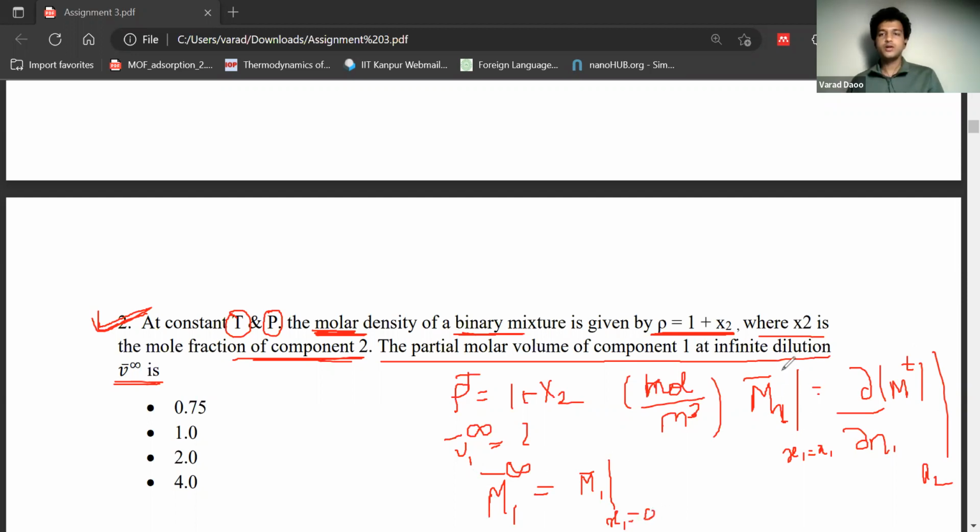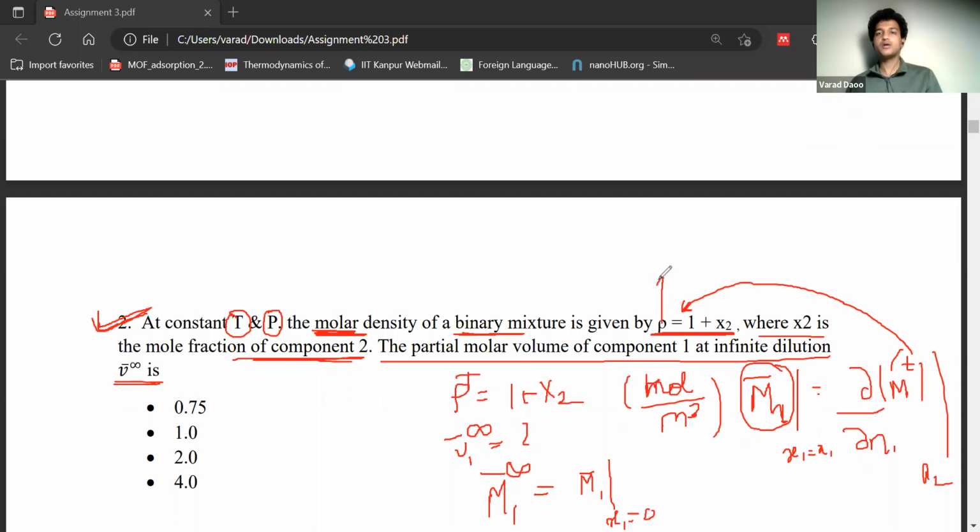So somehow, if you are able to find the expression for M1 bar, whatever expression it comes to, you just put x1 equal to 0, then you will get M1 bar infinity. That is what they are asking. So here M stands for V, volume, and M1 bar depends on M total. And this will connect with rho, so you have to think about how you can convert rho to M total.